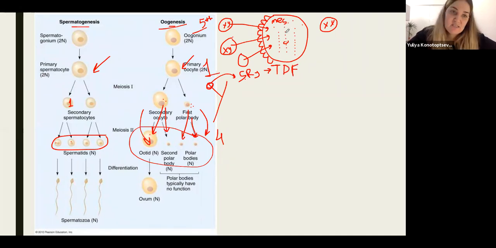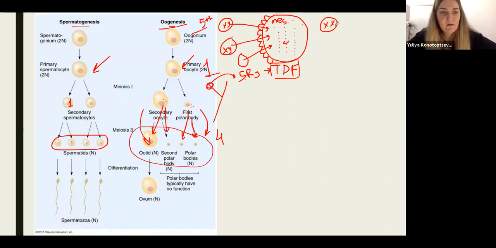For PGCs to stay in the cord, to persist as the cord, TDF is needed. So once PGCs come into the gonads, once they divide here mitotically, once they align themselves into the sex cords, they check. Do we have TDF? We do. We stay as the sex cords.